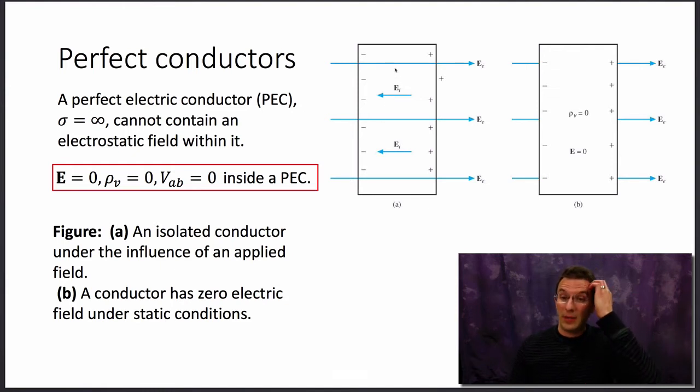So inside the material, you have the original electric field plus an induced electric field that is exactly equal and opposite to it. So when we add the two up inside the conductor, the total electric field goes to 0.